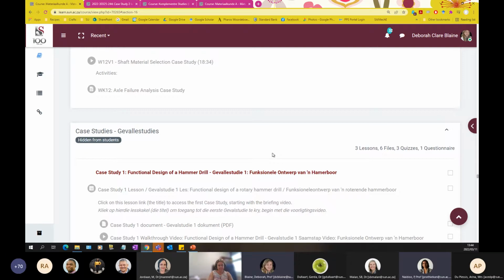because trying to navigate through different tabs, so you've got it set up as a weekly tab option instead of the topics mode.